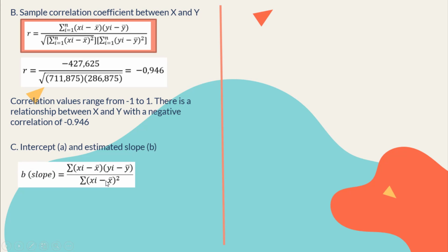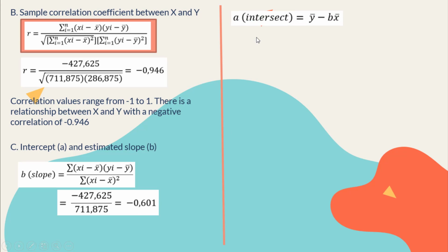This is the equation for the slope, or B. Then this is the calculation. We get the result minus 0.601. Next is the intercept, or A. This is the equation. Then the result is 43.326.